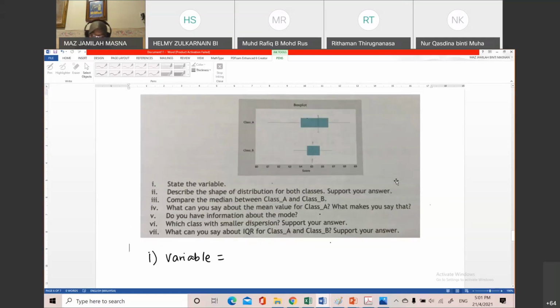So your variables are score and class, but not class A or class B, class only. Score is your quantitative variable and class is the qualitative variable.